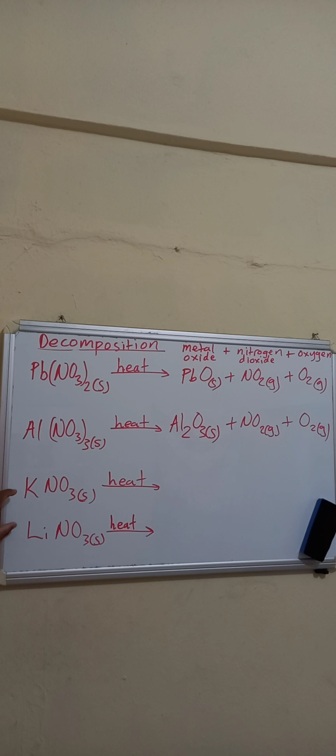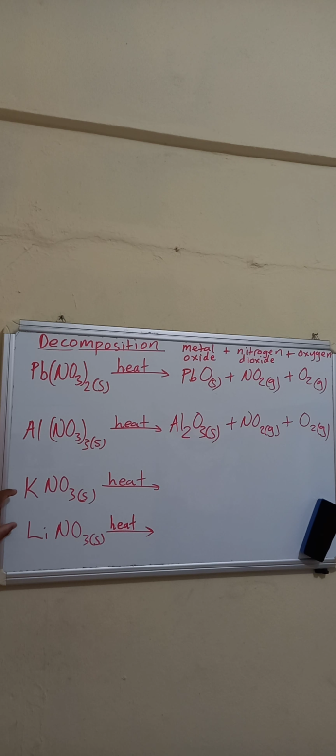We are going to do some more decomposition again. Alright, there's an error. It's not potassium oxide, it will be the nitrite. So if it's sodium or potassium, it will be potassium nitrite or sodium nitrite.